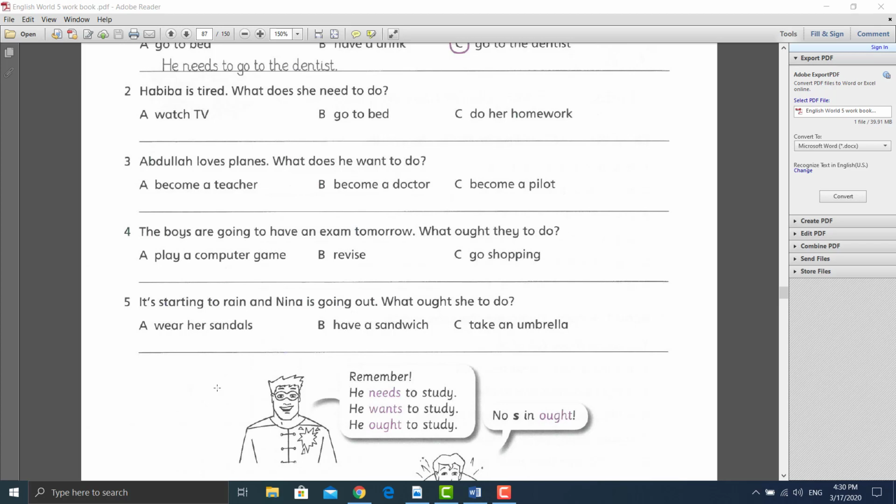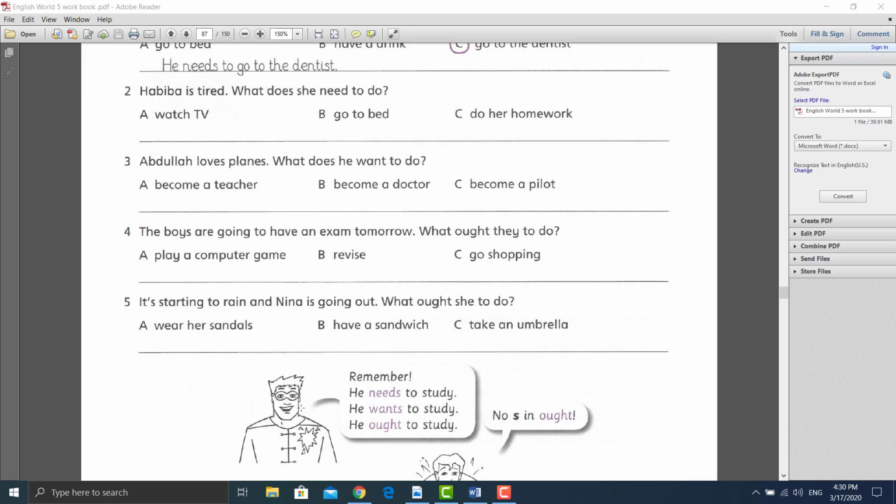Have a sandwich. Take an umbrella. Yes, of course. She ought to take an umbrella.